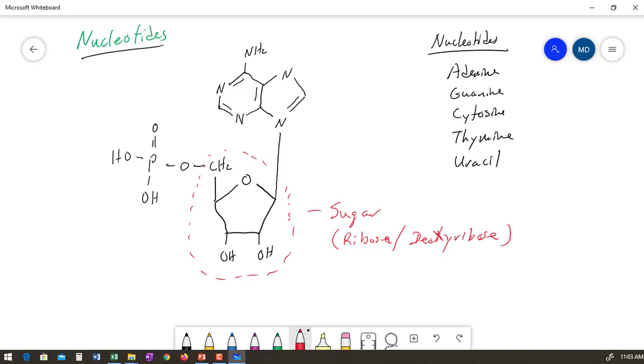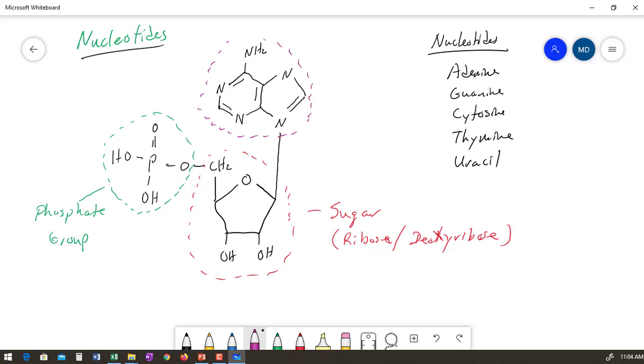In this case, I've drawn ribose because there is an oxygen down here off of this carbon. Second, like I mentioned up over here, this portion of this drawing is a phosphate group. And then lastly up here, this is the variable part.